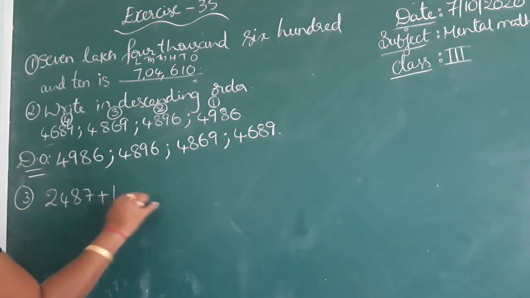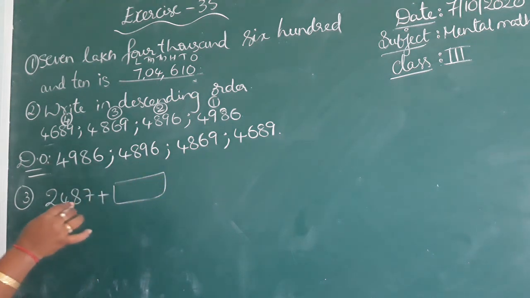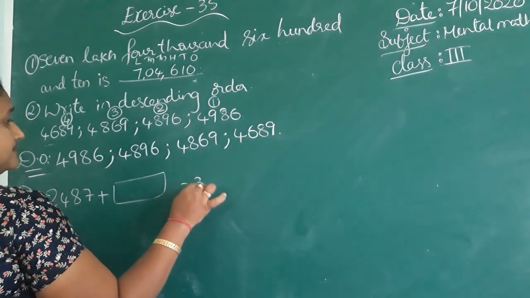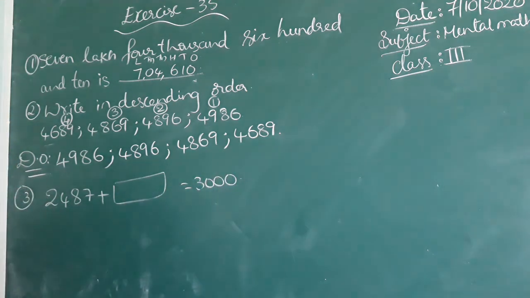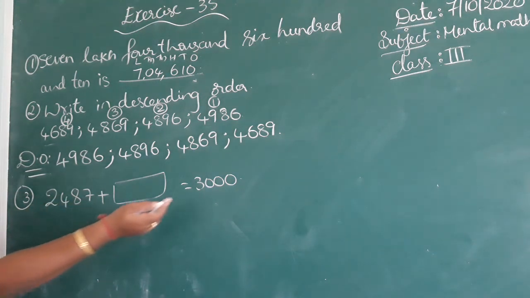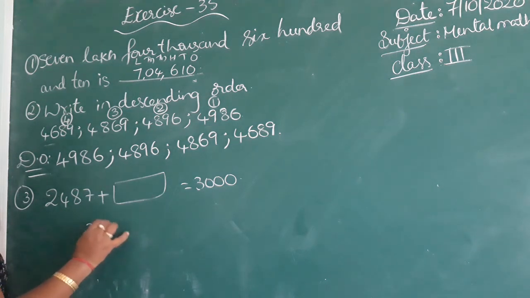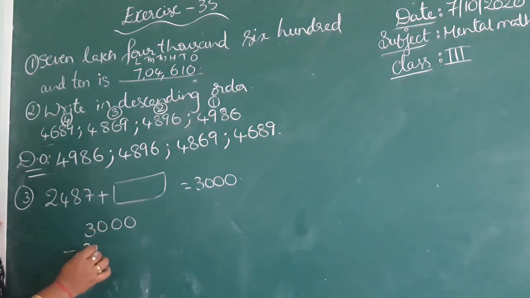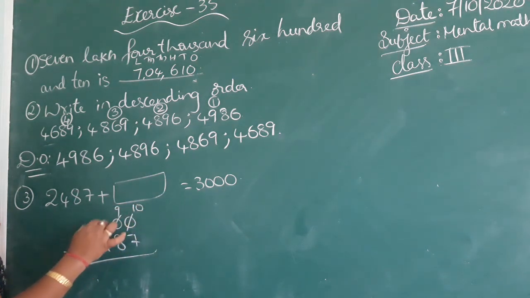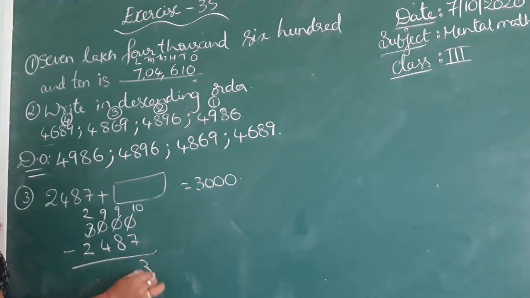2,487 plus something equals 3,000. First we have to subtract 3,000 minus this number. 3,000 minus 2,487. 10, 9, 9, 2. 10 minus 7, 3. 9 minus 8, 1. 9 minus 4, 5.